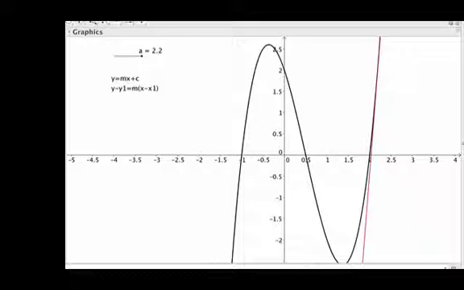So now suppose that I want to find the equation of the tangent when x equals 1. How do I do that? Well, first I have to find the actual point on the curve that corresponds to this x equals 1. How do I do that? Well, you've done this before. You substitute x equals 1 into the equation for the curve.